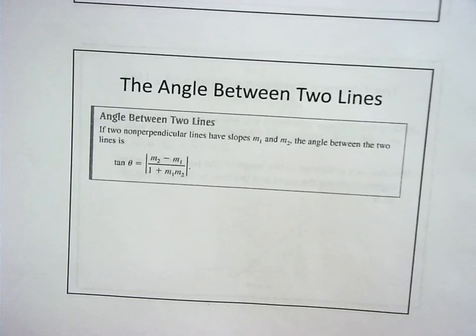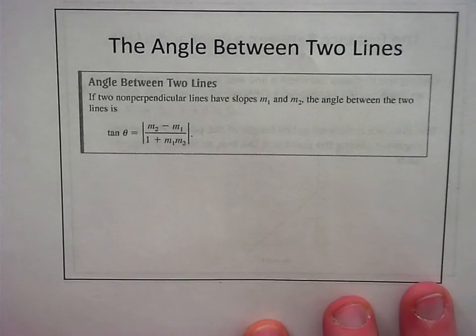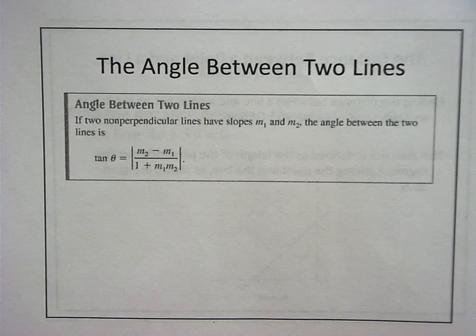But if you're talking about 2 lines, the formula is a little more complex. For finding the angle between 2 lines, you're going to take the difference of those 2 slopes divided by 1 plus the product of the 2 slopes, and then absolute value the whole thing. Give you a second to write that one down.